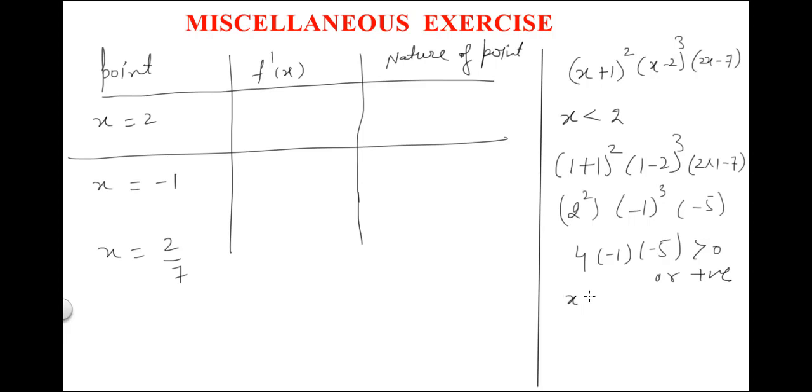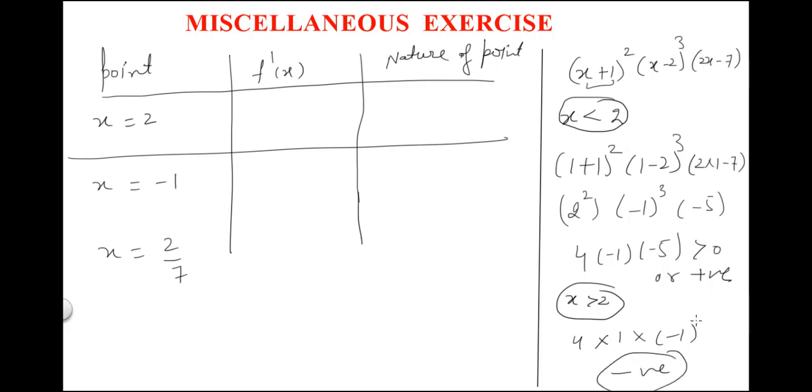So we get it as greater than 0, or I say positive. Now take x as greater than 2. First we took x as less than 2. So for greater than 2, suppose we take 3 as the value. So 3 plus 1 will be 4, multiplied with (3 minus 2) is 1, 1 whole cube will be 1, into 2 into 3 is 6, 6 minus 7 is minus 1. So we are getting a negative answer.